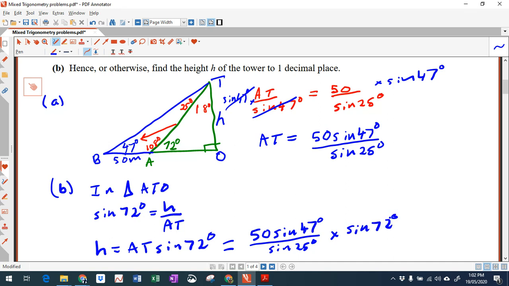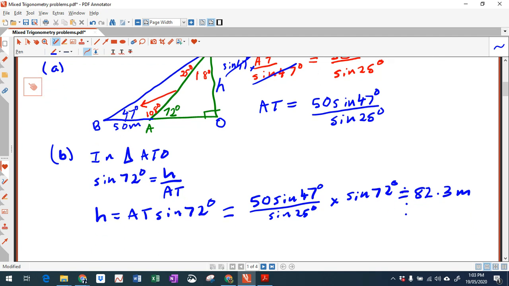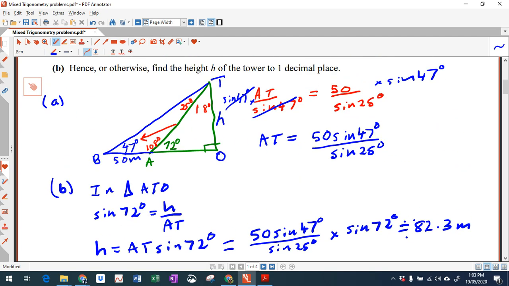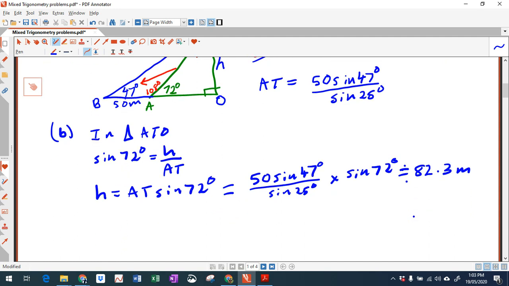So if we put that into the calculator, you should get 82.3 metres. Just fix that 2 up there. So 82.3 metres to 1 decimal place. Okay, that's the first one. So we'll look at the next one.